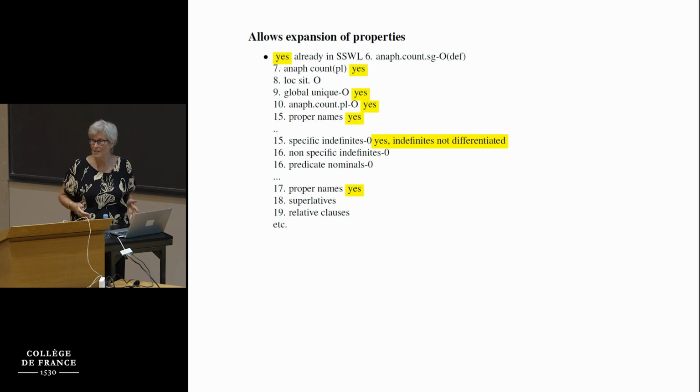So we can have many, many properties and ask them from each of these forms. So for example, the yes cases here are the ones that are already in the database, that we have data for. So anaphoric for anaphoric plural.